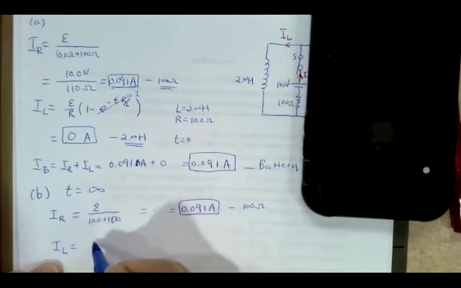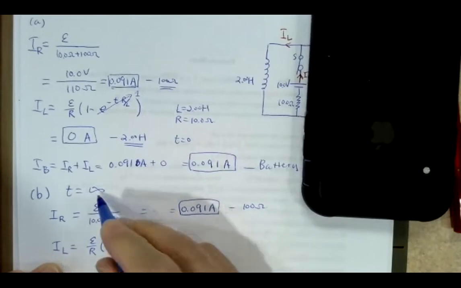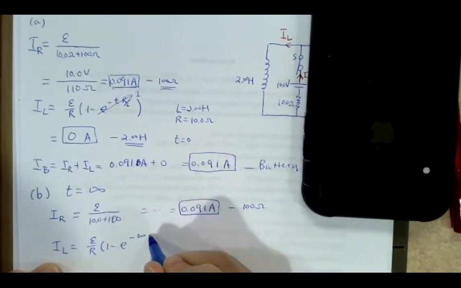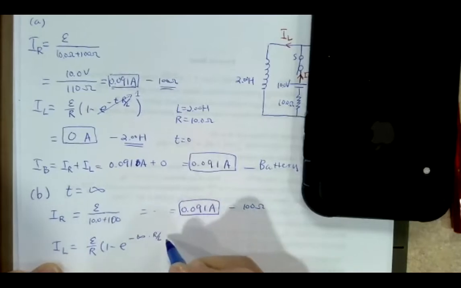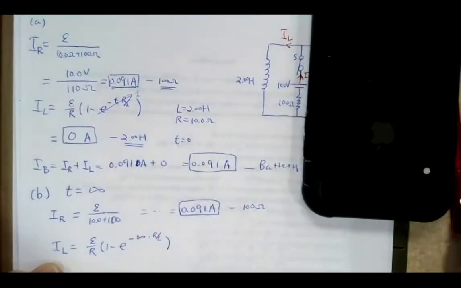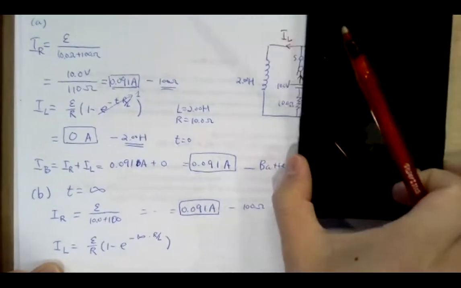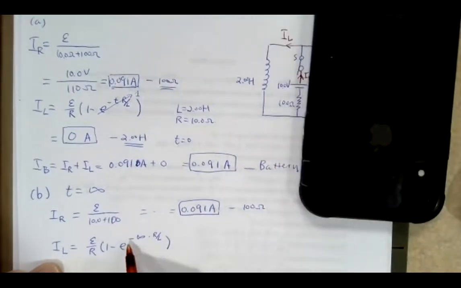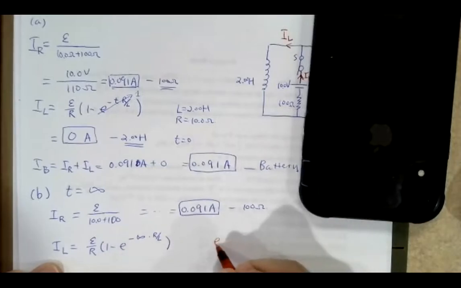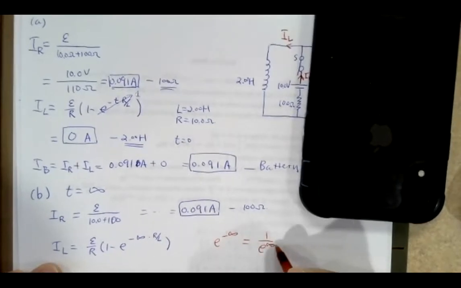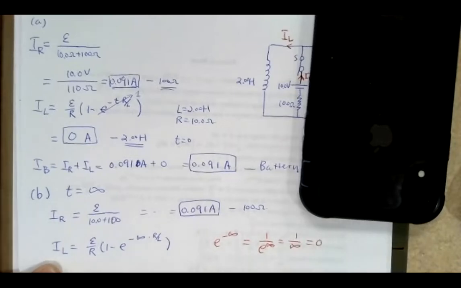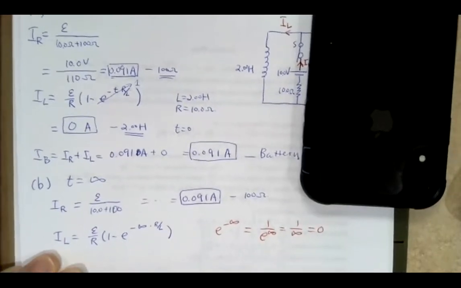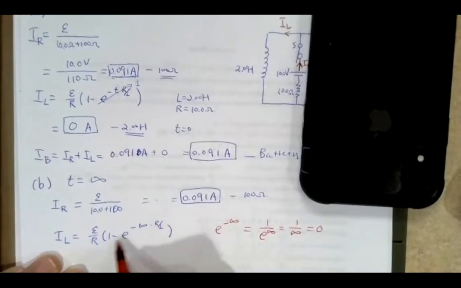So the current on the inductor will be epsilon over R times 1 minus e to the minus, with t equal to infinity, so minus infinity, times R over L. Exponential to the minus infinity would be 1 over exponential to the infinity, right? e to the infinity is still infinity, so that should give you 0. So e to the minus infinity will be 0, and then 1 minus 0 should be 1.